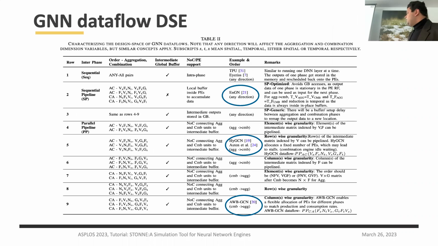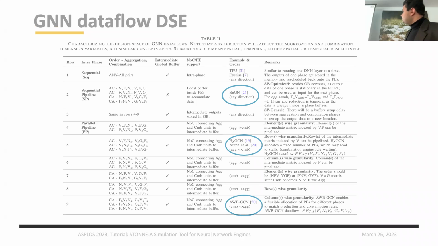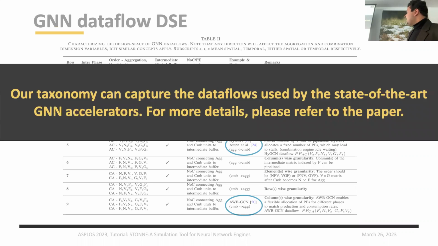These are some data points on our taxonomy. Our taxonomy can accurately capture the data flows used by the state-of-the-art graph neural network accelerators.